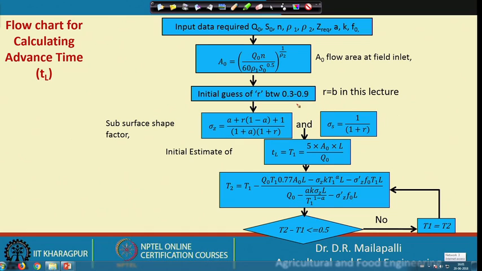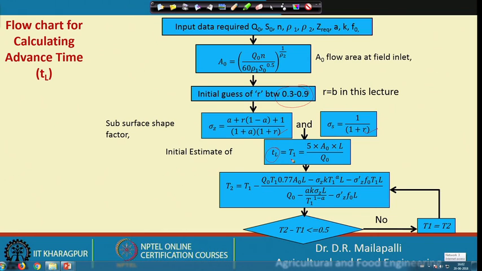So, here R or b, we vary between 0.3 and 0.9. Sigma z has R, which is unknown, and here also R is unknown. So, what we do here, first T L.